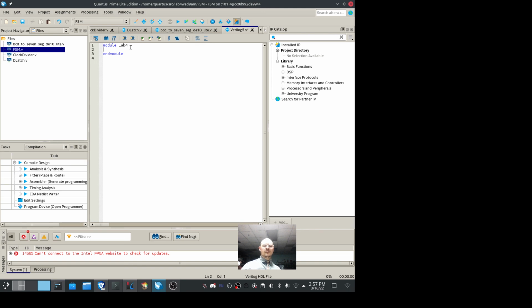Cool. And then in here, you need to specify the inputs and the outputs. I'll make a little skeleton for you. I'll say inputs and outputs, and then in here you're going to want to create an instance of all the modules.